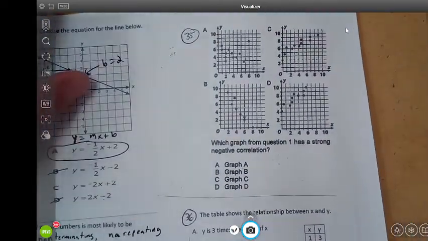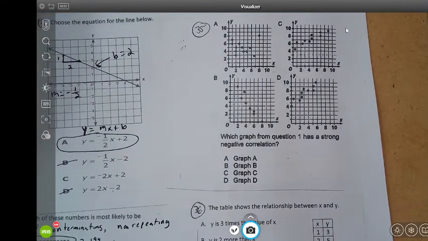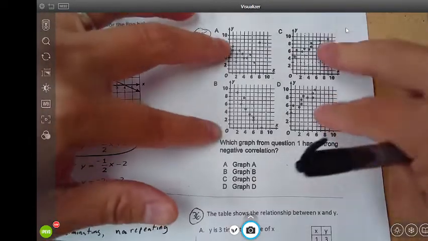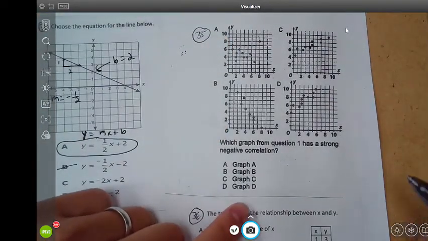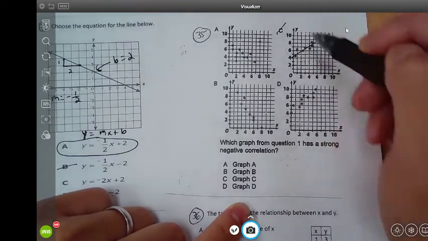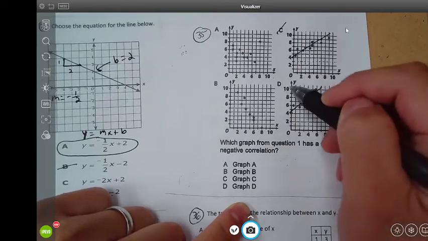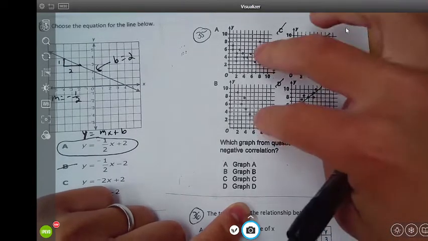Alright, number 35. Which graph from question 1 has a strong negative correlation? So from these, which has a strong negative correlation? C has a positive correlation, not going to be C. D has a positive correlation, not going to be D. A and B have negative correlations.